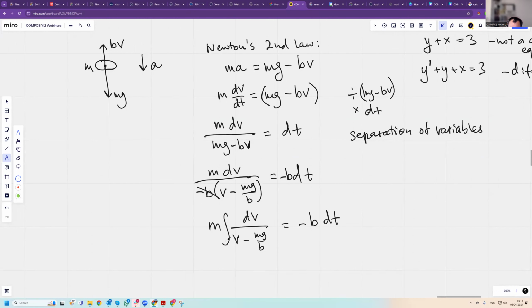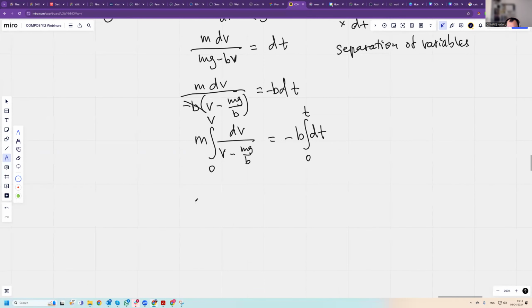So I actually do that. I integrate it. T changes from 0 to t, where t is the final time. And velocity changes from 0, because initially it starts moving, to v. All right. So m. Who could help me with the integration of this bit? It's minus b.